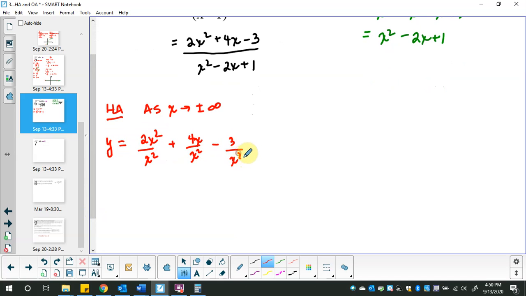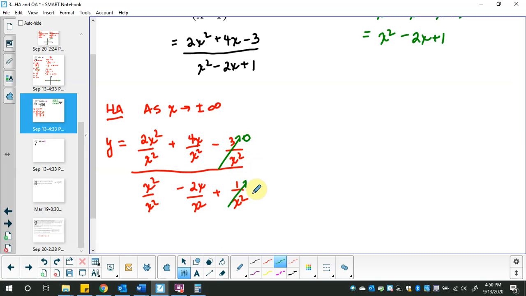Now, I do want you to know that if you can convince yourself that you can have minimal steps, feel free to do that. For instance, I can look at this and say there's going to be x's on the bottom, that's a 0. There's going to be x's on the bottom, that's a 0. This will have an x on the bottom, so that's a 0. This will have an x on the bottom when we clean it up, so that's a 0.